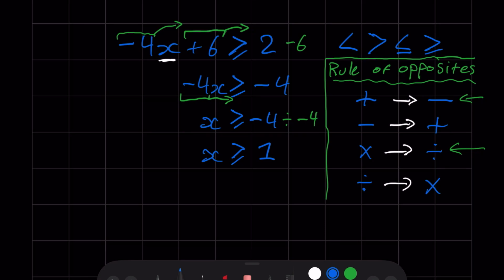However, this is not the answer for this question because of this one simple factor. There is one rule that was discovered a long time ago when it comes to solving linear inequalities. And that one rule or that one trick is this.